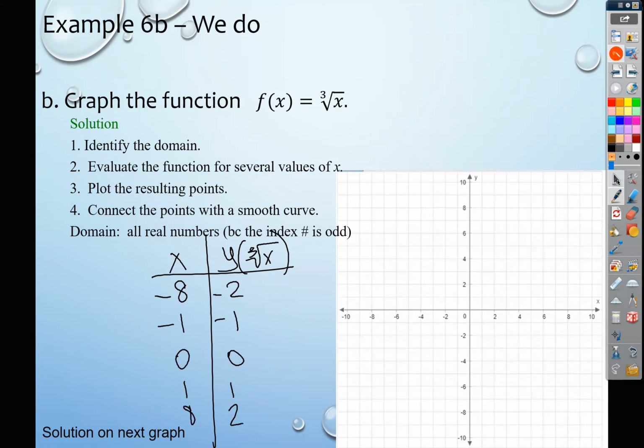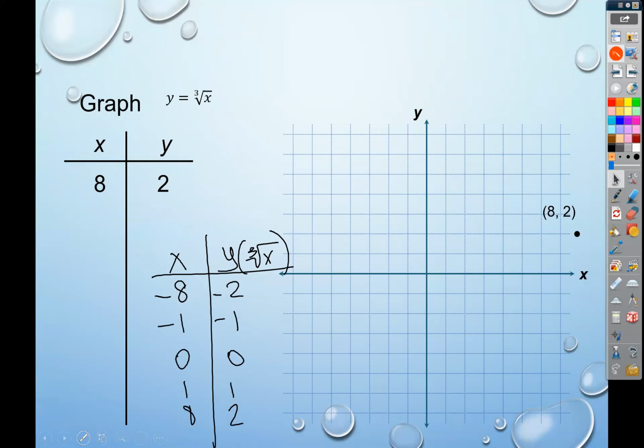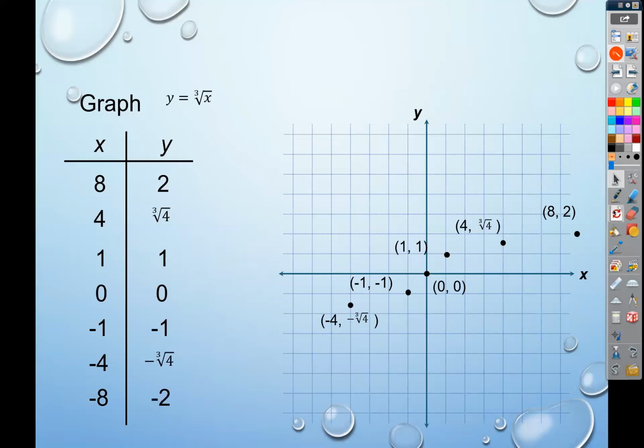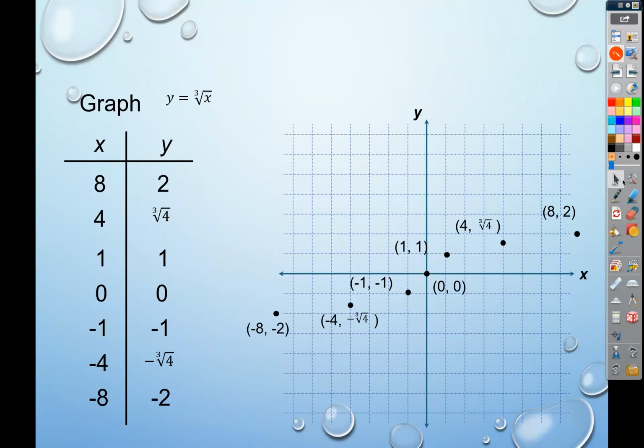And then I can plot those on the next graph. And then they're plotting some that are not perfect cubes. I'm not going to worry about those because those are not fun to graph. So you'll see where those points are, okay? And now we just connect it with a curved line. And there you go. And that is a cube root graph.